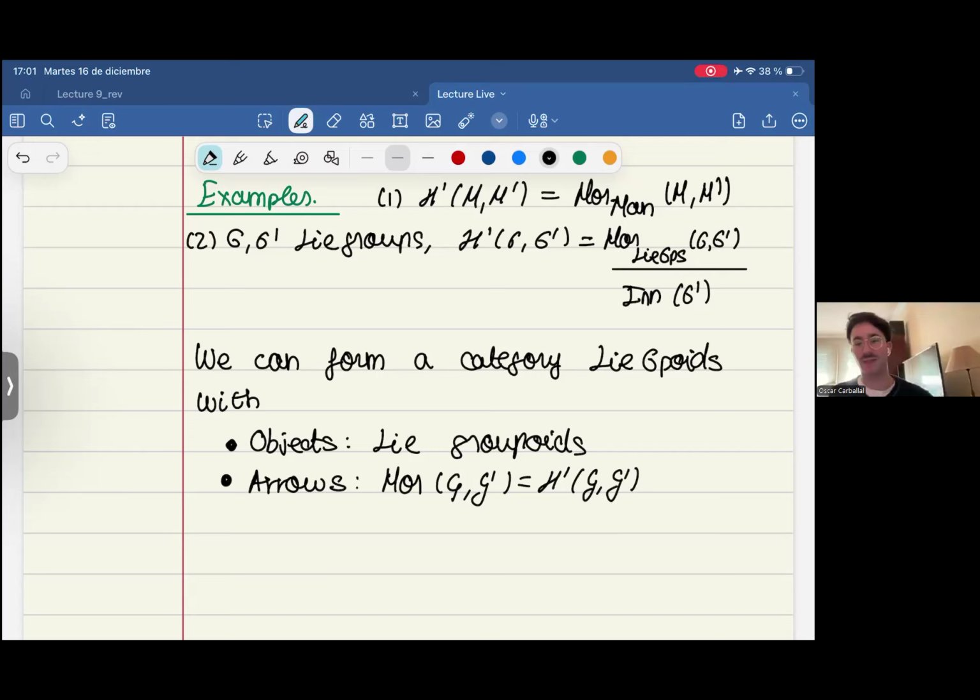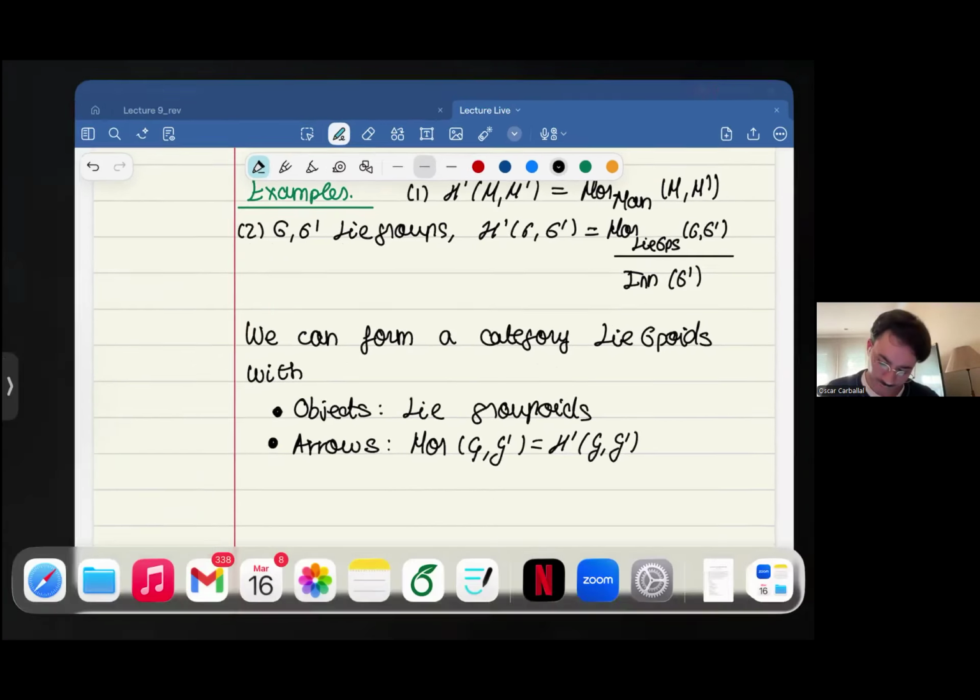And the point is that in this category, Morita equivalence is an equivalence relation, right?